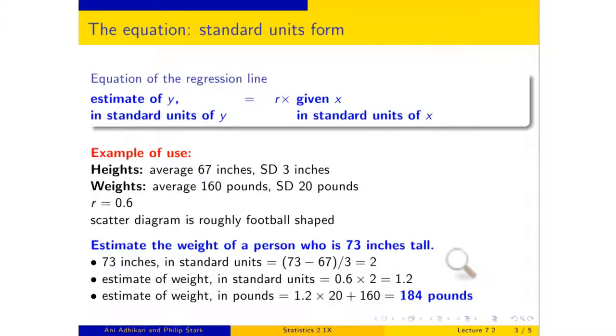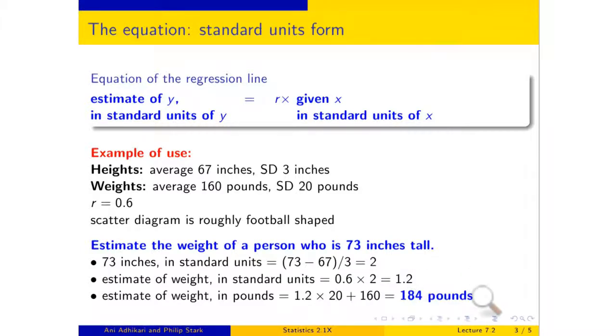Recap of the moves. Work in standard units. Take what you're given, find it in standard units. You knew how to do that some time ago. And the next move, this middle move, is the regression move. Multiply the standard units by r. And that's your answer.